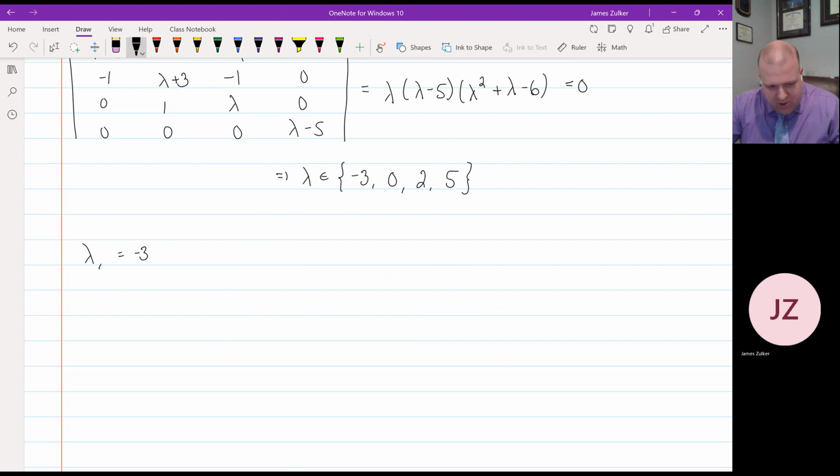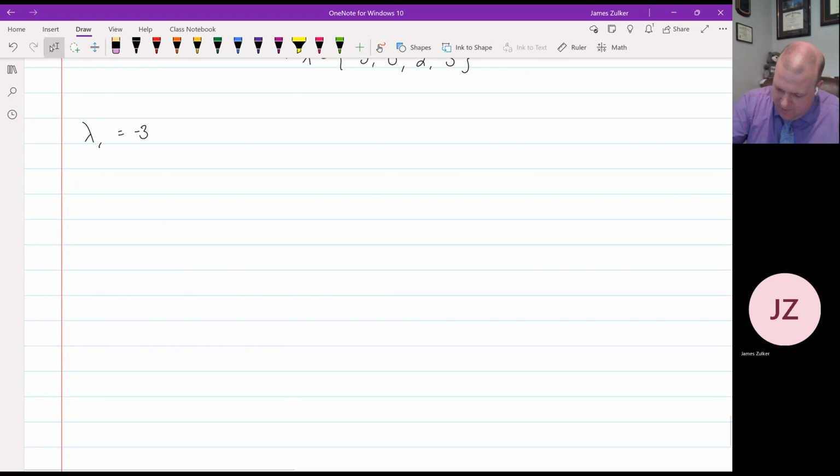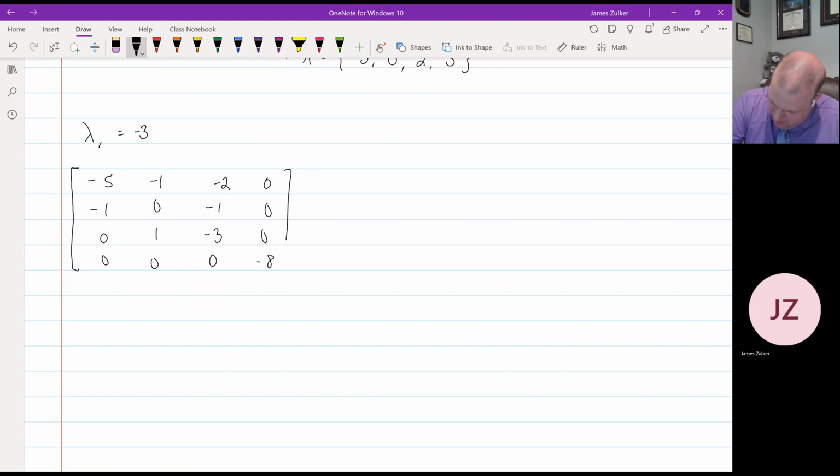Right, so start with the eigenvalue -3. This will reduce.